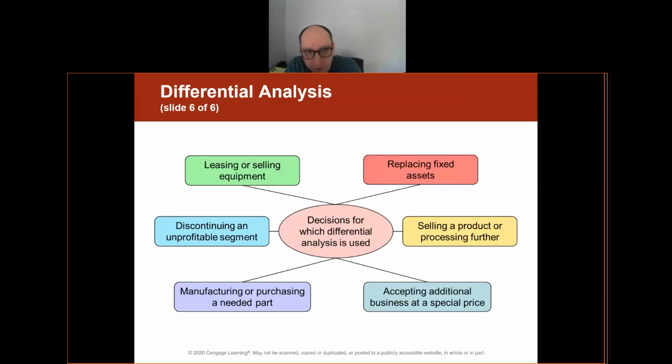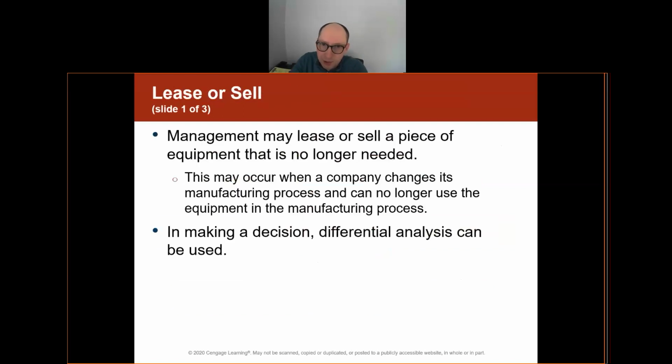There are all different kinds of decisions to be made using differential analysis. All it simply is, we look at option A versus option B. We compare the two for revenue, cost, and profit. It's a very simple concept, and at the same time, it is very useful. It helps us as managers to grow the profits of the business, potentially, right?